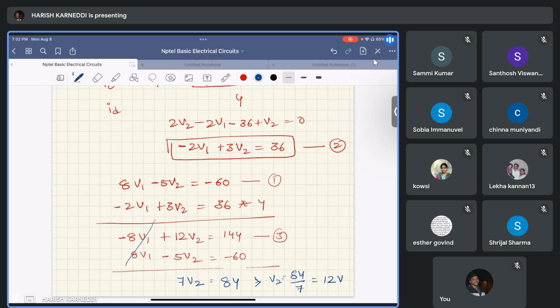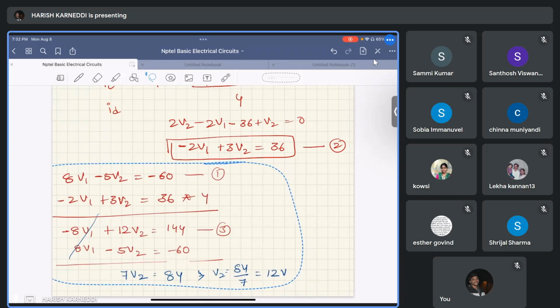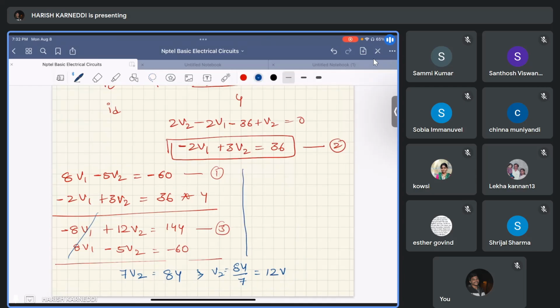And what about V1? Put this V2 value in equation 2, or 1, whatever it may be, it's up to your case.